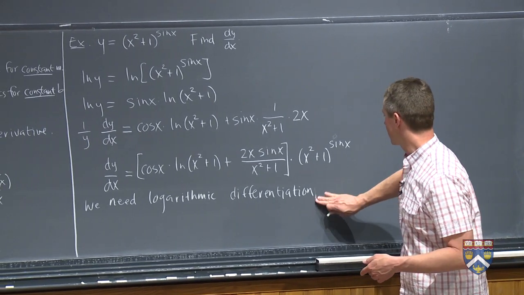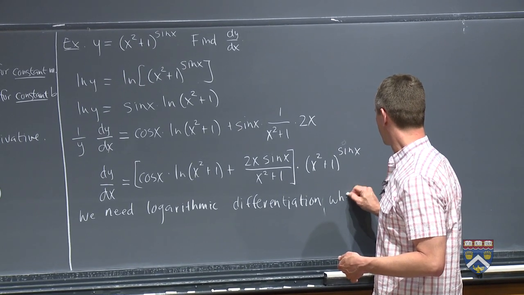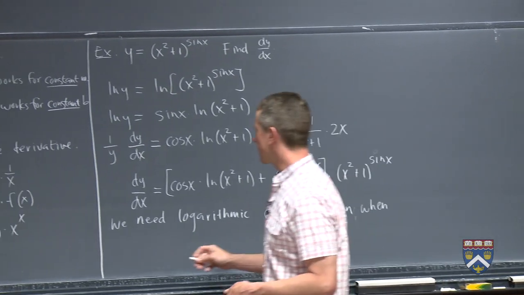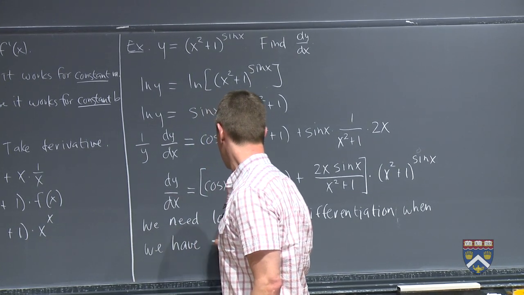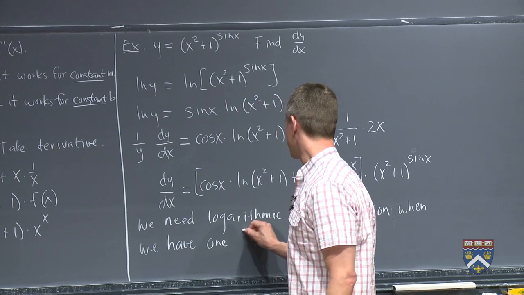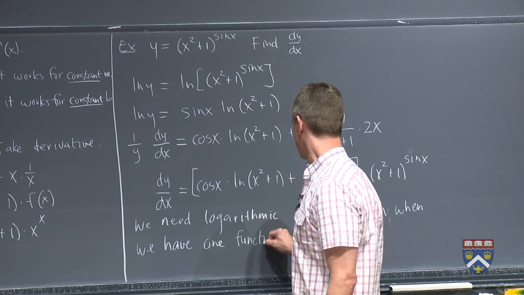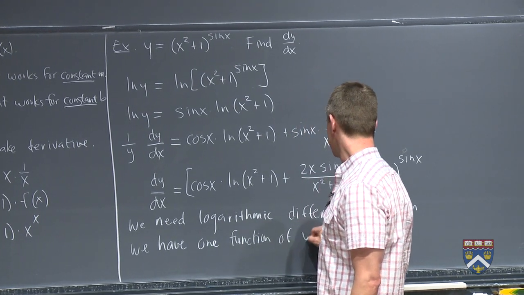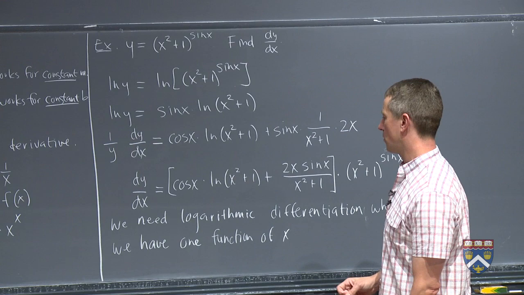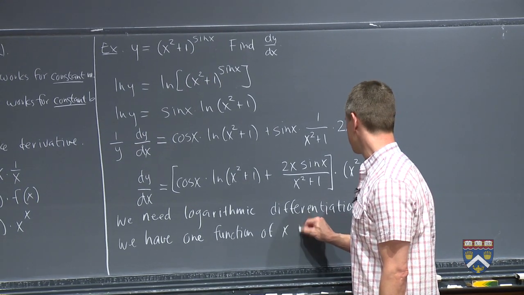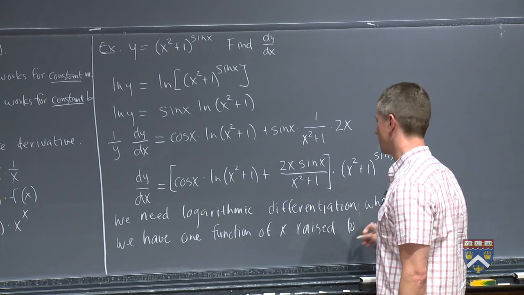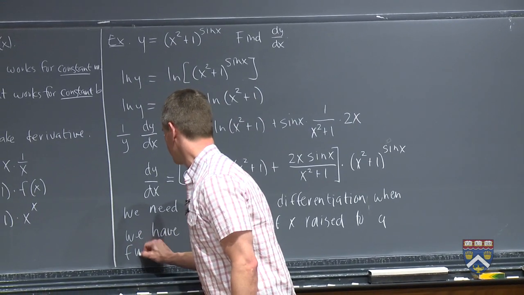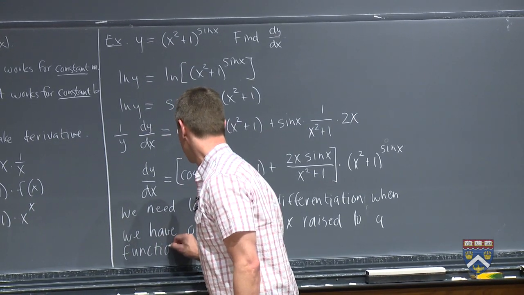So we need logarithmic differentiation when we have one function of x raised to another function of x. Because our rules do not apply there, the rules that we already had. One function of x raised to a function of x. Could be the same function, right? In the first example, they were both x.